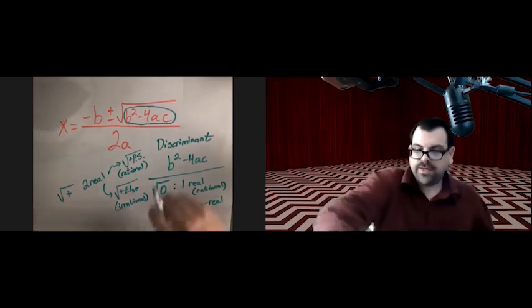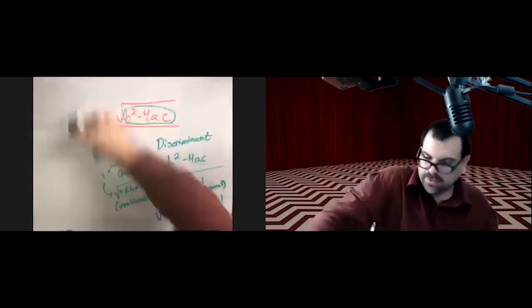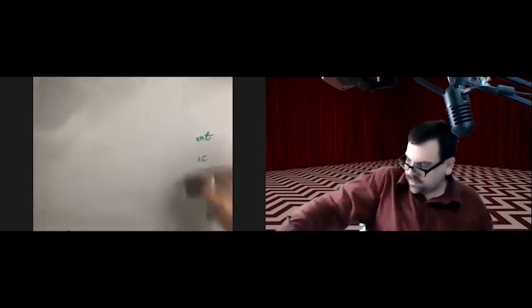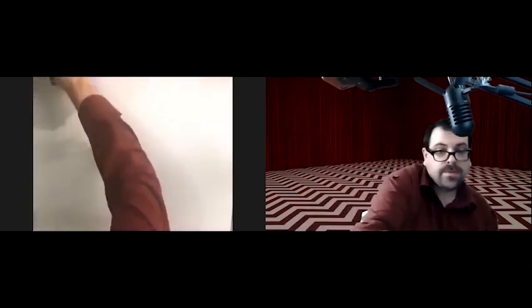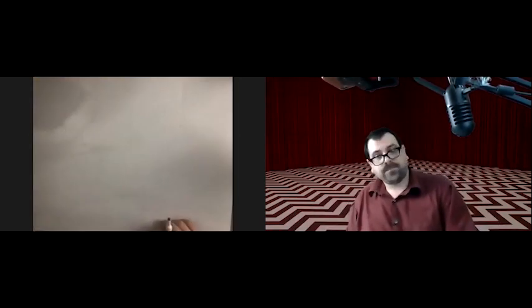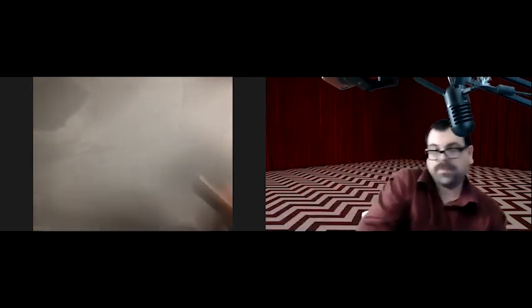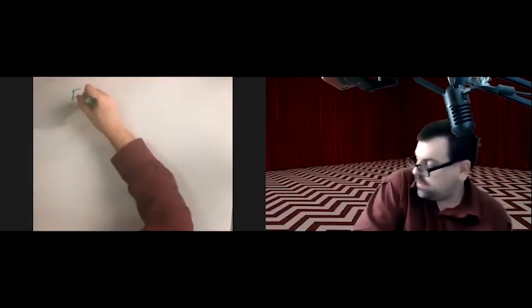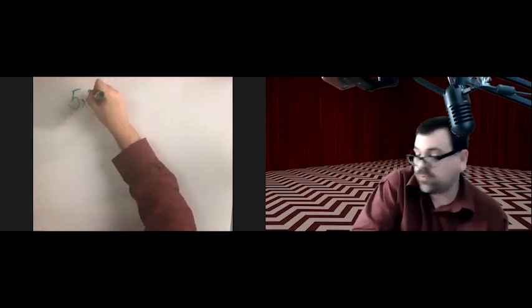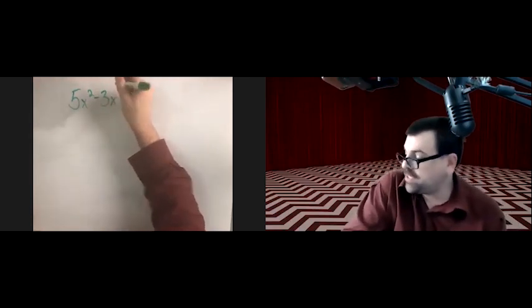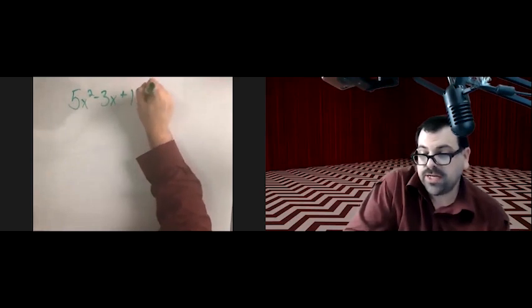So that's what the discriminant can tell us. Now, let's say we have 5x squared minus 3x plus 1 equals 0.